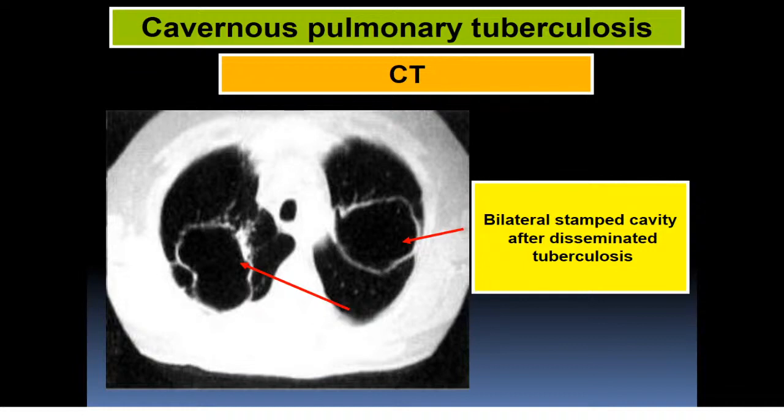On this CT scan, we see bilateral stamped cavities after disseminated tuberculosis. That's why cavities formed in both sides, in symmetrical parts of both lungs, and we can see them on one level.